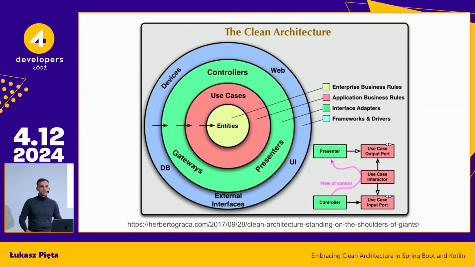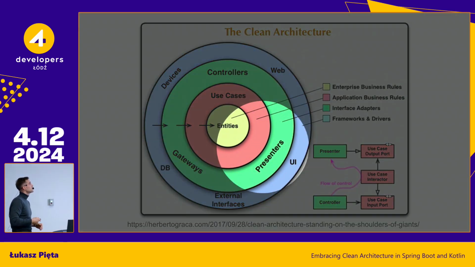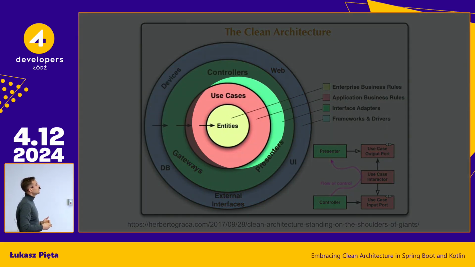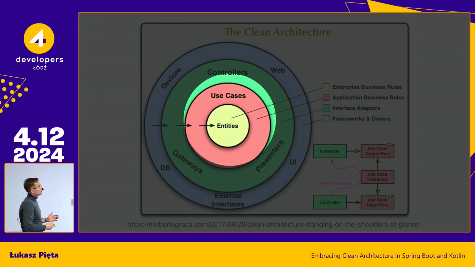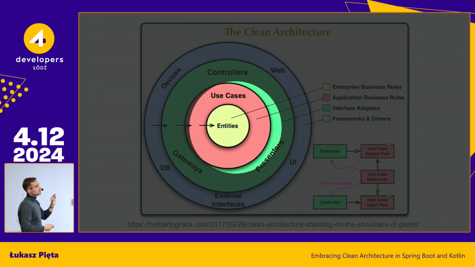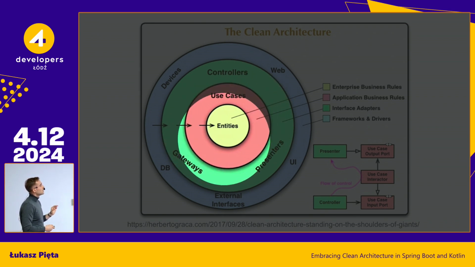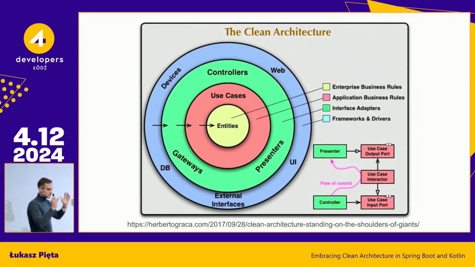I don't know, add to cart use case or something like this, right? And as you can see here in this graph, we have entities, which would be domain in our example. Outside of this, in the application layer, we have use cases. So use cases are for these business processes which are more complex and can't be expressed simply by some entity method.